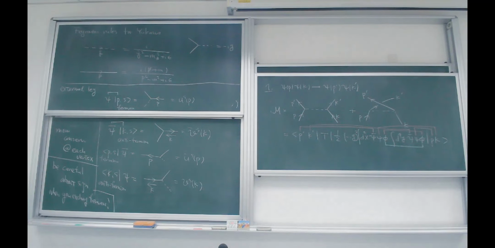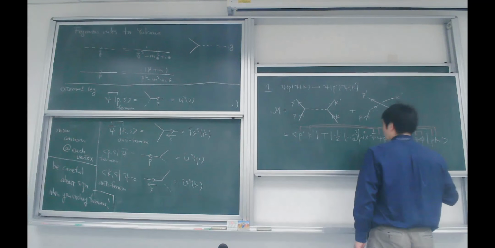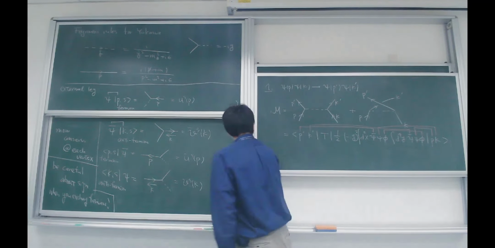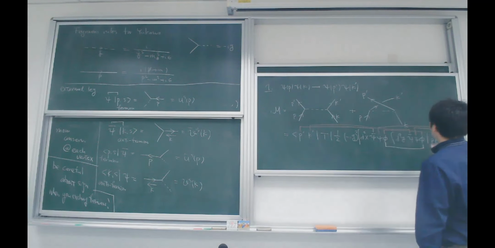Unfortunately, I don't think the students can distinguish the color. Okay, let's use yellow, maybe. So the propagator is the same, and the bottom is the same. So therefore, we do the same contraction.